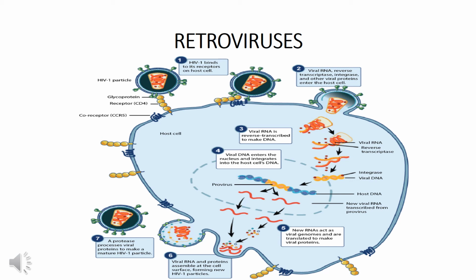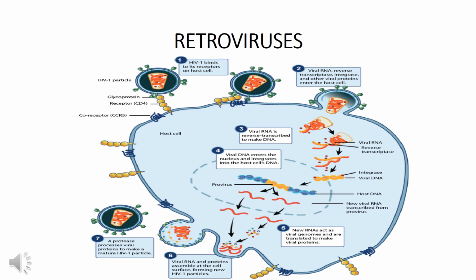So after formation of the DNA strand from the RNA of the virus, this DNA strand enters into the nucleus of the host cell, and binds with the DNA of the host cell, and after binding with the host DNA, replication of DNA occurs. After the replication, hundreds of DNA strands of the virus can be observed inside the nucleus.